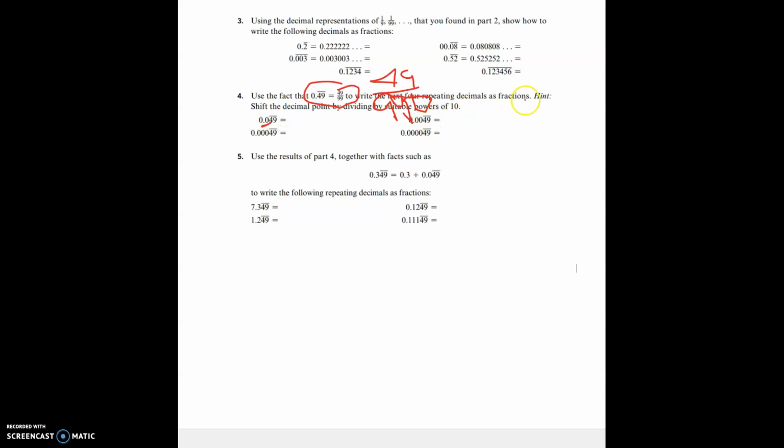So if I look at that pattern, then I'm like, so this guy is probably going to need 2 zeros here before the repeating pattern happens. And this guy is going to need 3 zeros before the repeating pattern happens. And this one's going to need, what, 4 zeros?